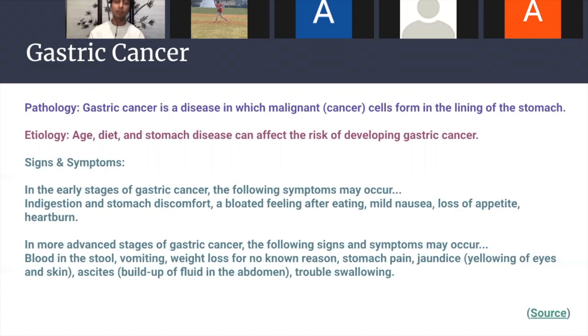Okay. Etiology is very important here. Age and diet, that is your social history. I don't want to read everything on this slide because that's a lot of time. But what I want you to note is that a lot of these different conditions that we'll talk about, and maybe you'll see it on the slides as you have it open, have some very similar symptoms.